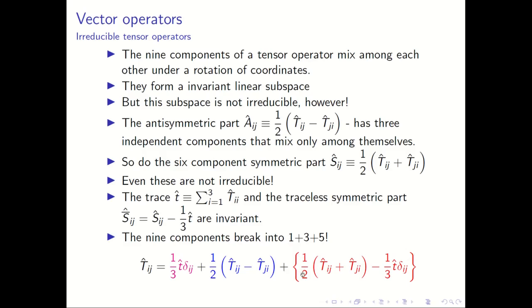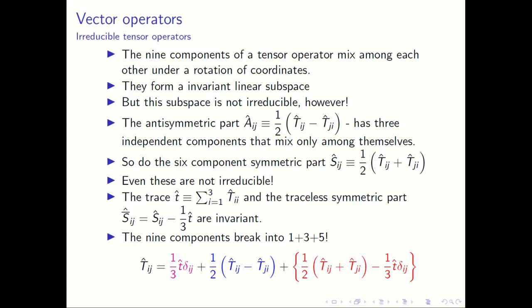Of course, there are 6 independent components of a symmetric part, but the traceless restriction reduces 1 independent component. That is, the 3 diagonal elements are no longer independent. If you know 2 of them, the other one is obviously the negative of the sum of the 2. So this is 5 components. So 9 components break into 1 plus 3 plus 5.